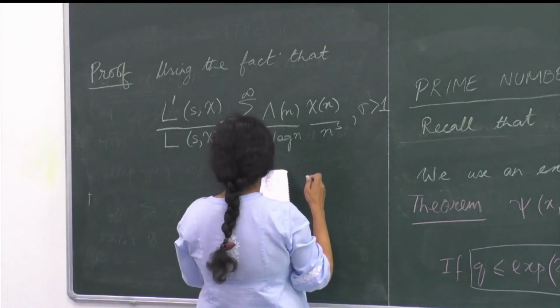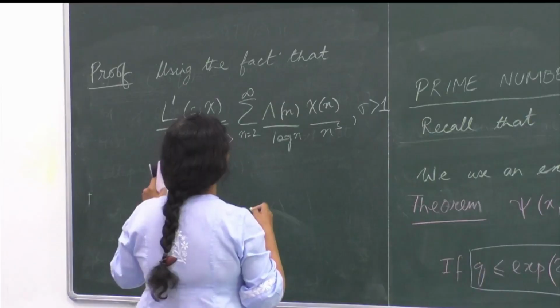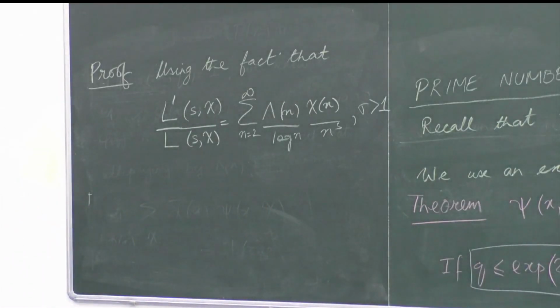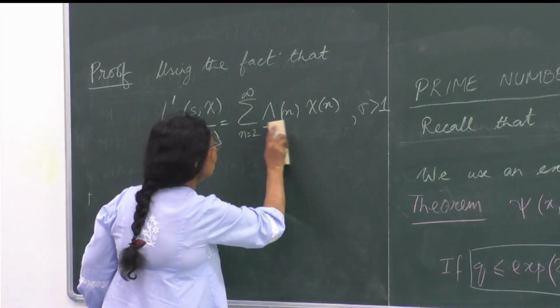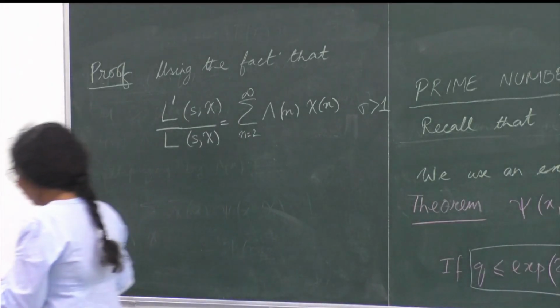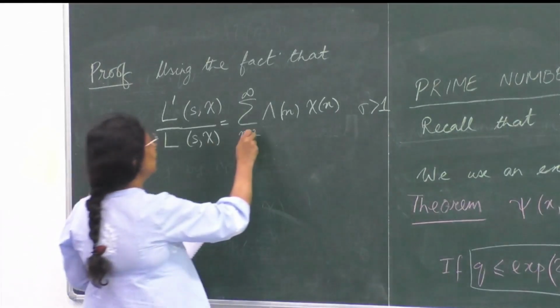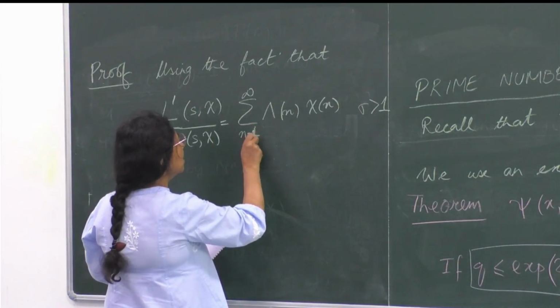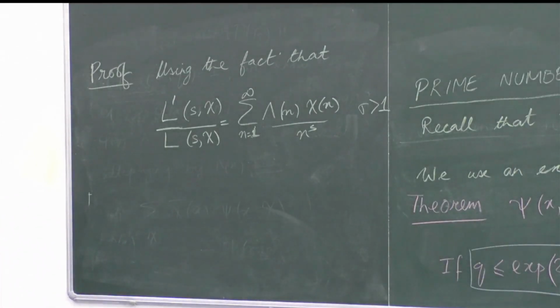That's not true. If I take L prime by L, there is no log here anymore, and I can go all the way down, chi n, n to the power s. This you remember. We did this, yeah?